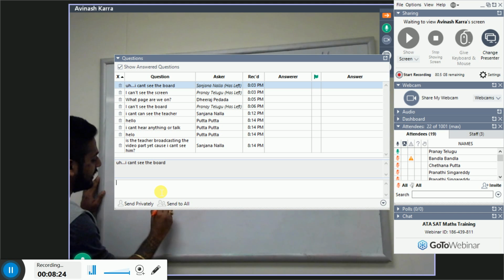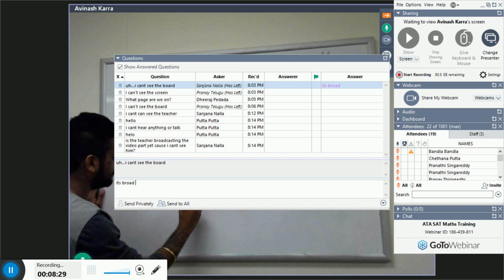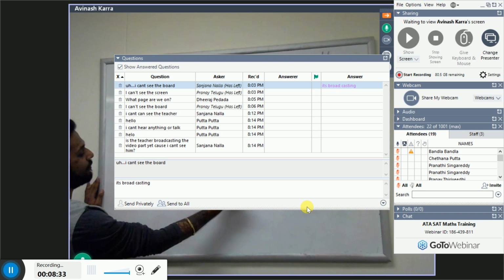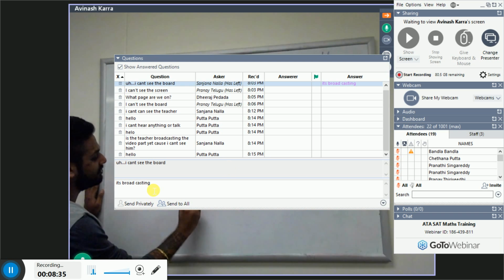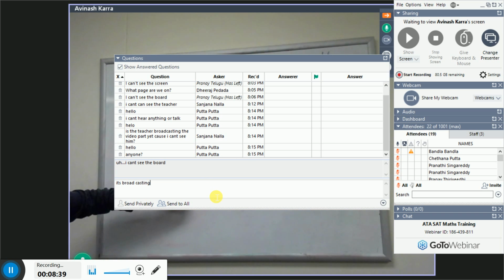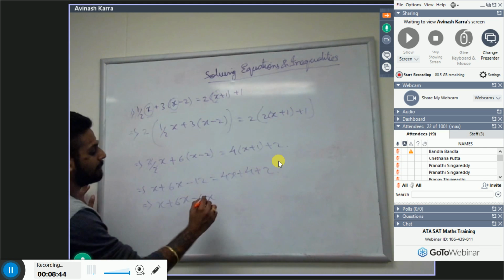So it will be x plus 6x, and 4x is positive over here. When I move it towards LHS, it becomes negative 4x. And here it is negative 12 on the LHS. When it goes towards the RHS, it becomes positive 12.